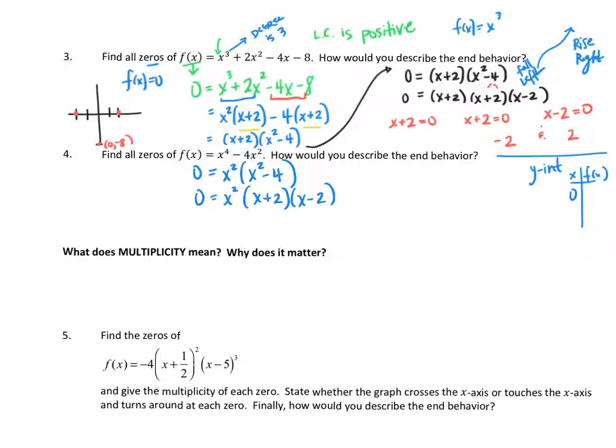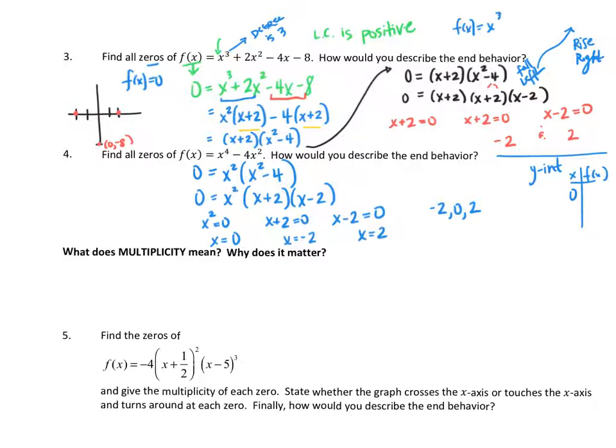So my zeros are going to come from my factors. X squared could equal 0, x plus 2 could equal 0, and x minus 2 could equal 0. Well, you have x equals, normally it would be plus or minus 0, but that's only one solution. So I'm going to have 3 zeros. I'm going to have negative 2, 0, and 2.